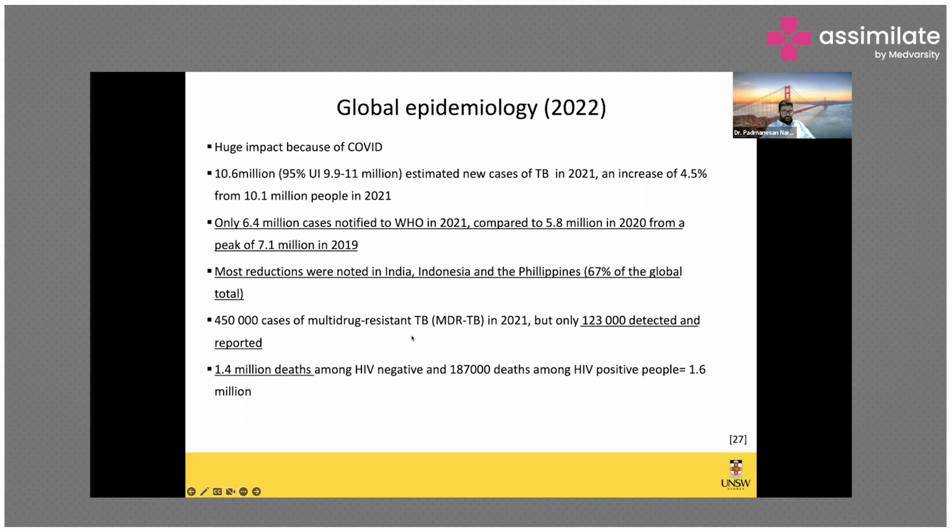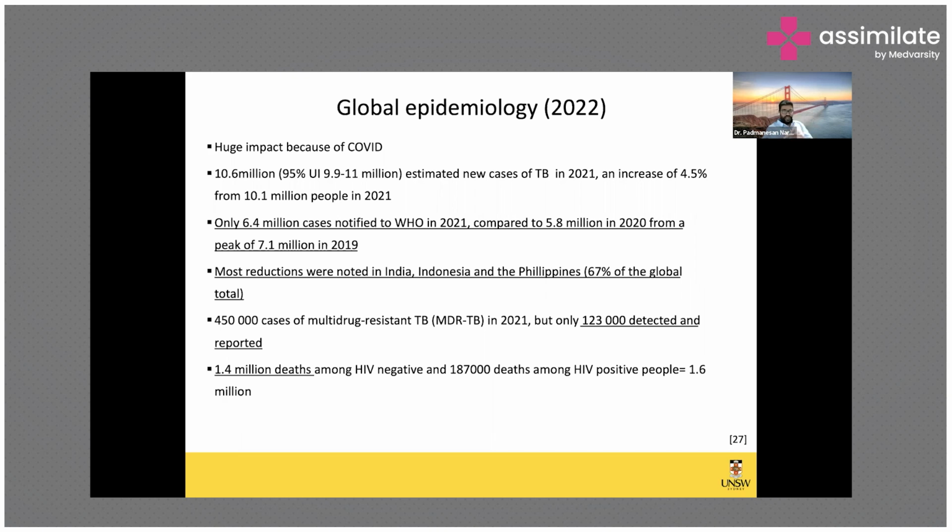During COVID, there was a big dip in notification. Obviously, a lot of resources were devoted to controlling COVID. We funded a lot of money for COVID control, so we didn't have money, resources, or manpower for TB, and therefore there was a big notification problem.